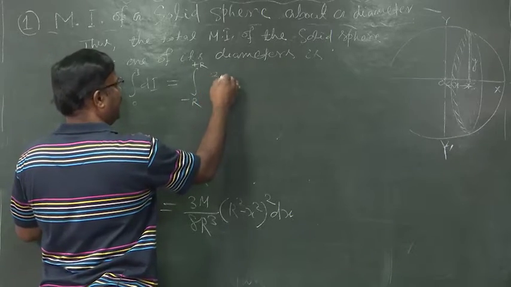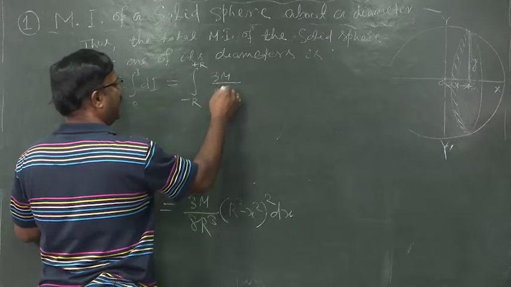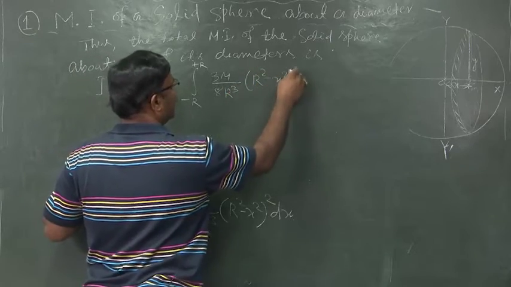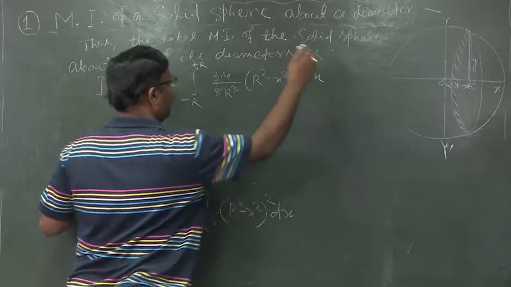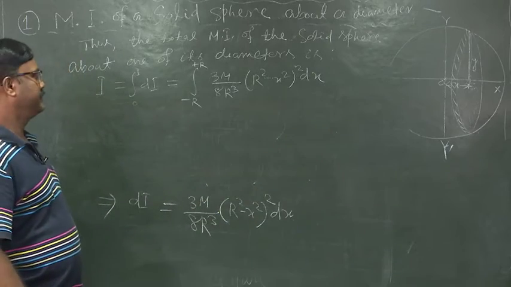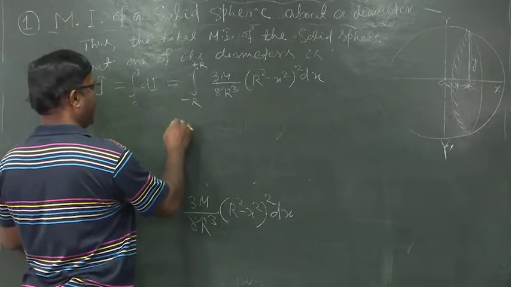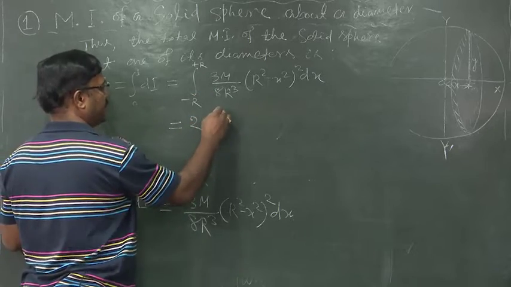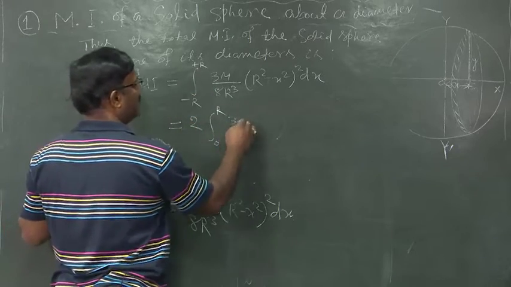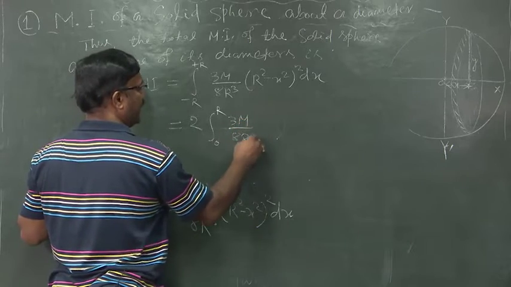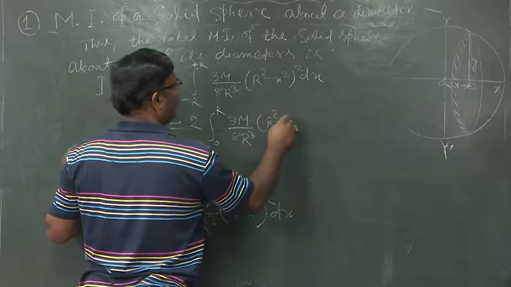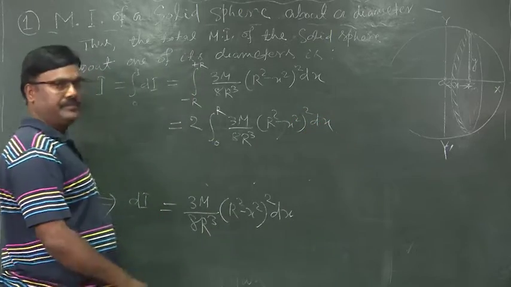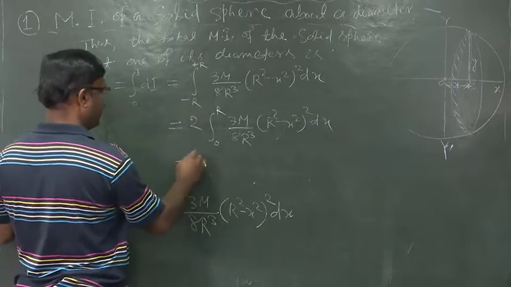This is 3m by 8r cube into whole into r square minus x square, squared, dx. And this can be written as 2 into the integration from 0 to r of 3m by 8r cube into (r square minus x square) whole squared dx.